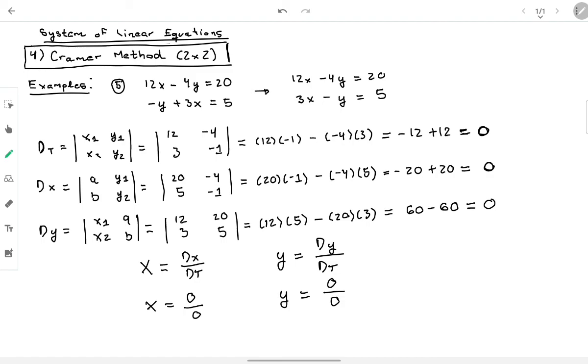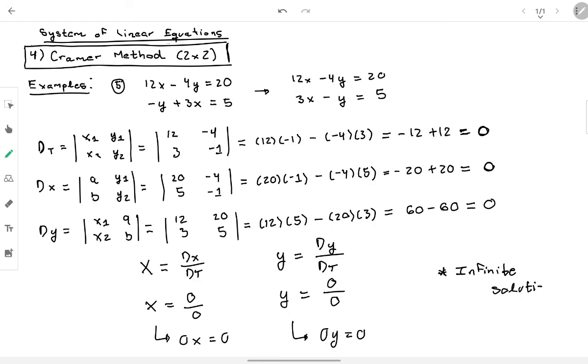In this case, when we have 0 divided by 0, remember, this one comes from 0x equals 0, and this one comes from 0y equals 0. Any number multiplied by 0 will be 0, so that's why this specific system has infinite solutions.